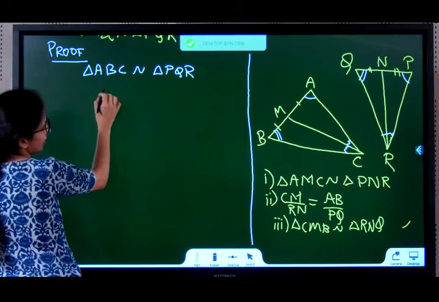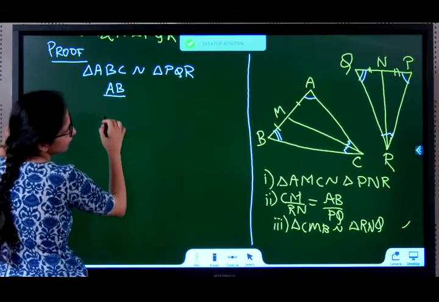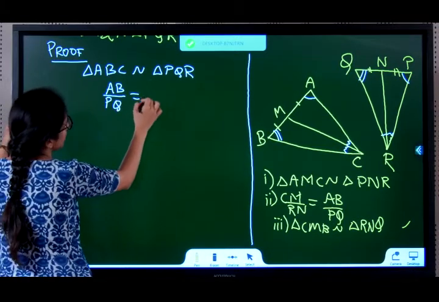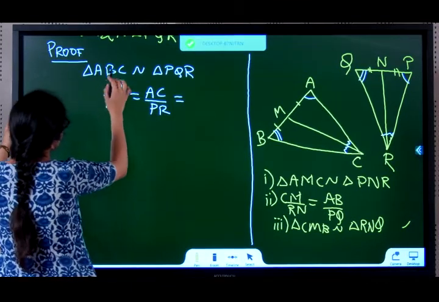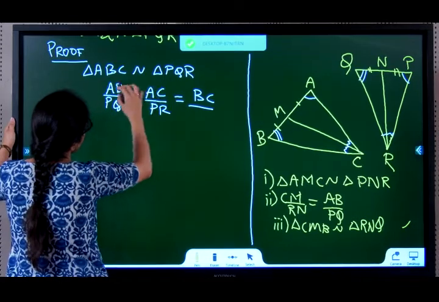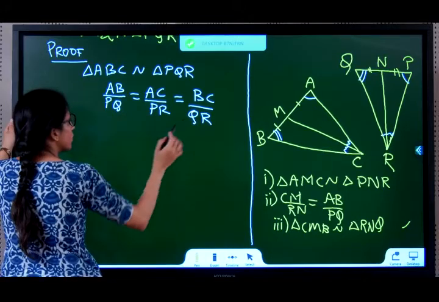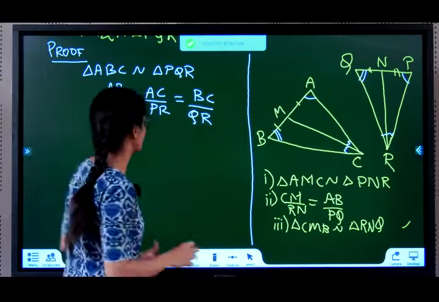Therefore, I can write AB by PQ is equal to AC by PR, and BC by QR. Agreed?